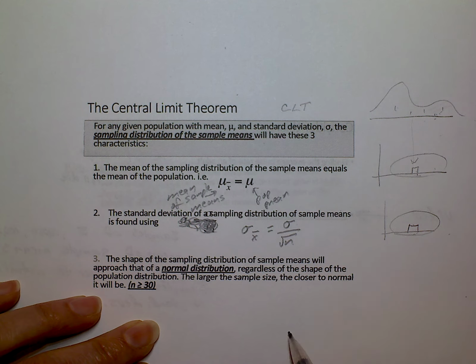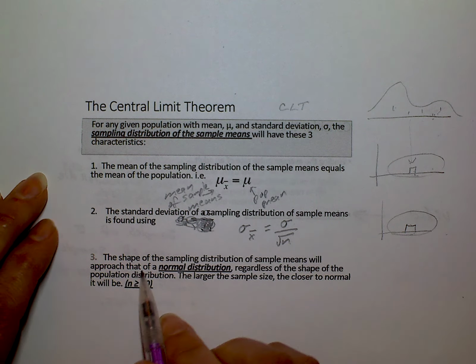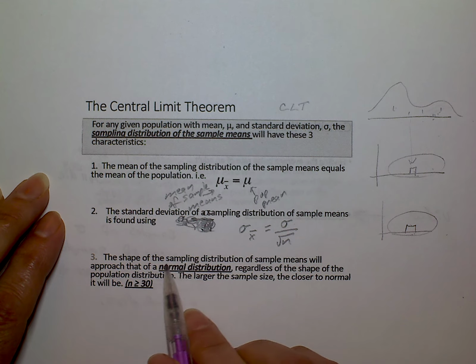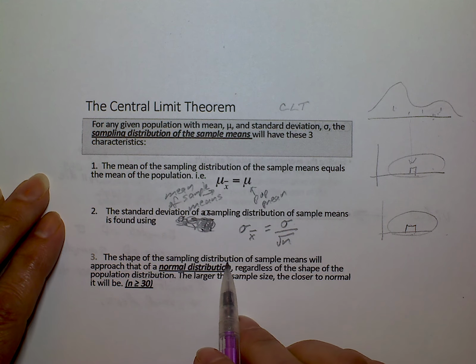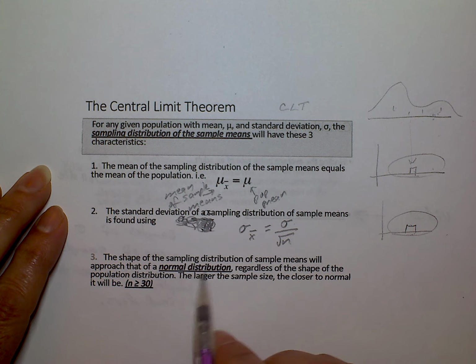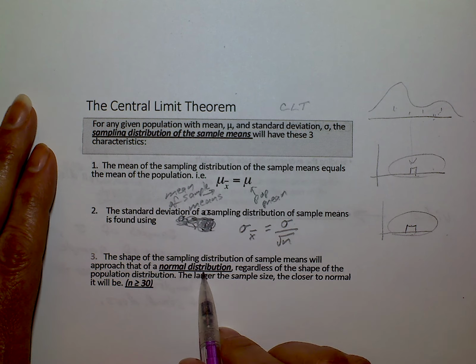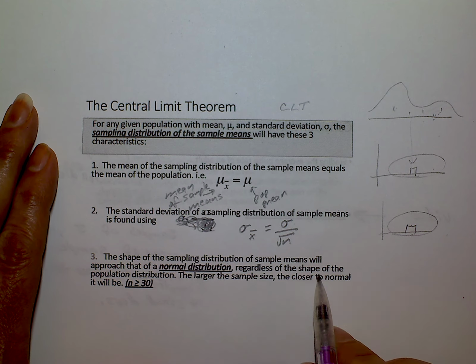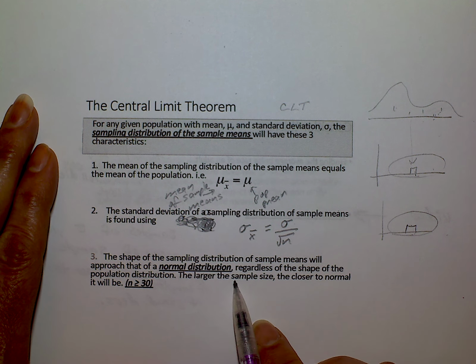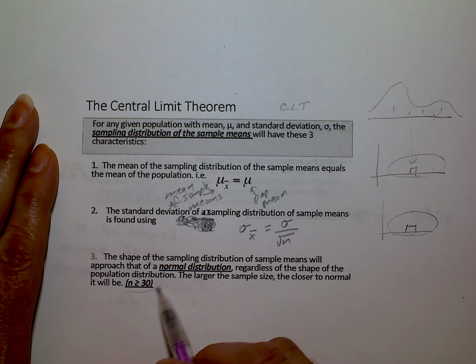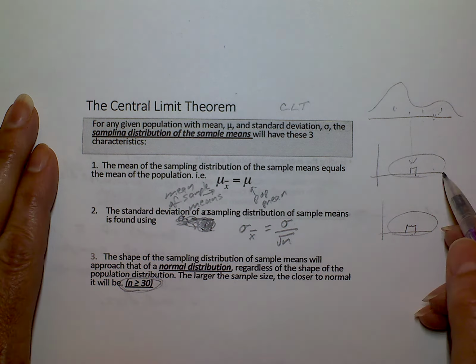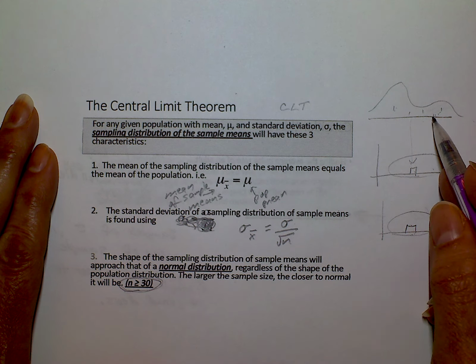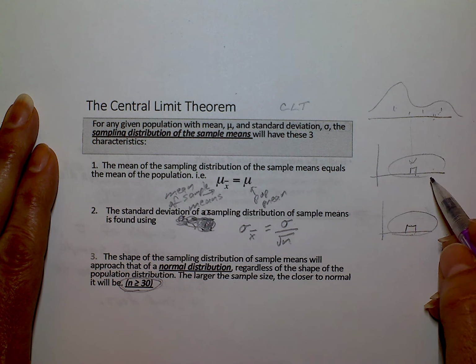Alright, number 3, the third part of the theorem says that the shape of the sampling distribution of sample means approaches that of a normal distribution, regardless of the shape of the population distribution. The larger the sample size, the closer to normal it will be. And we like n greater than or equal to 30. So let's go back to that demonstration that I showed you.